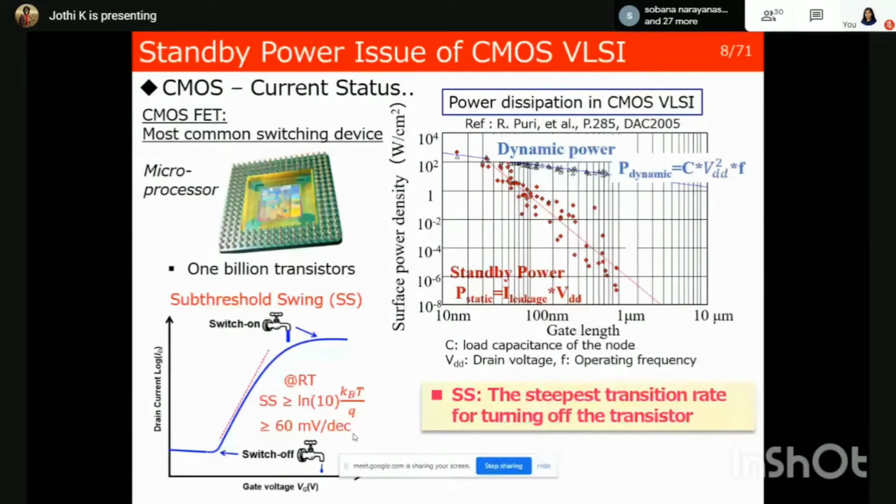That is exactly the problem. When we want to turn on a single transistor in your processor, it's really on. This curve explains how slowly it turns on, and at a certain point it reaches saturation, completely on. But when you want it off, it doesn't immediately go to the off state. It goes slowly to the off state, and then it remains with some leakage.